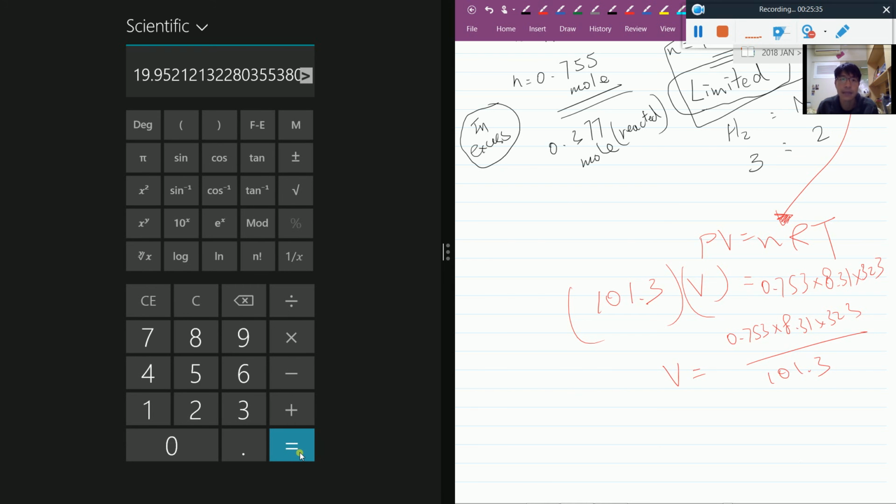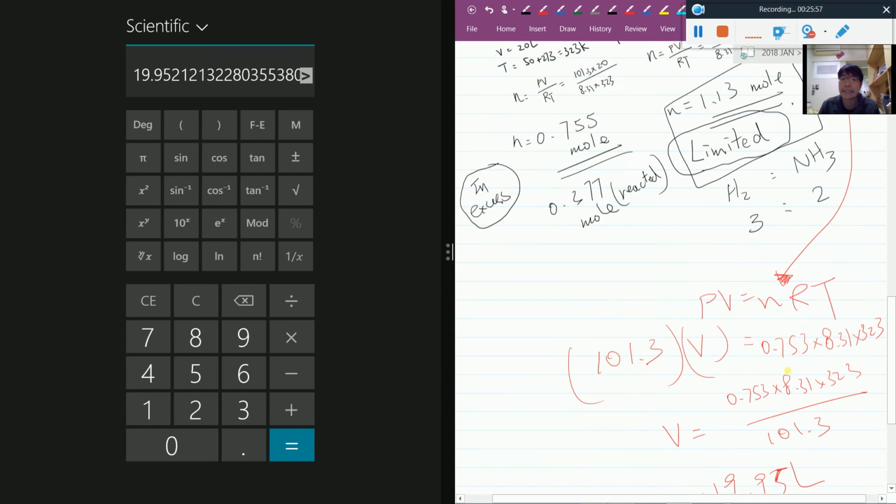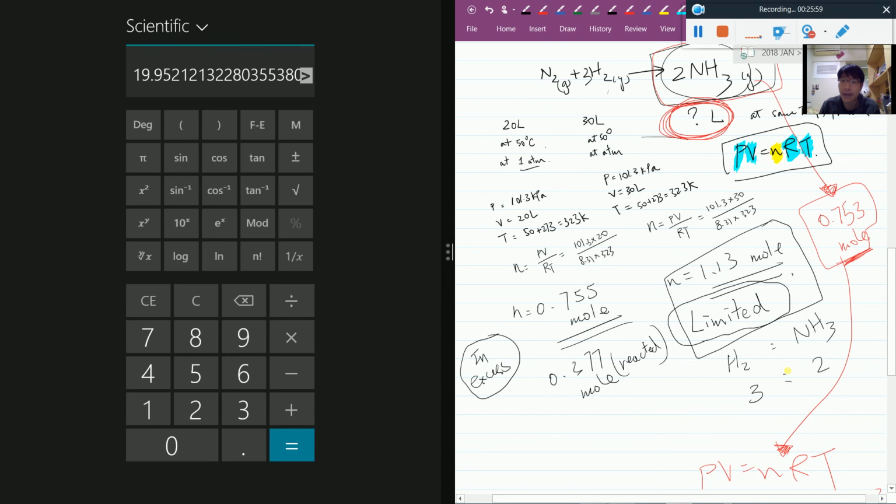Now the answer is 19.95. 19.95 gives me about exactly 20 liters in terms of significant figures. 19.95 liters, rounded up to 3 significant figures, is 20.0 liters. I will produce 20 liters at the end of it.